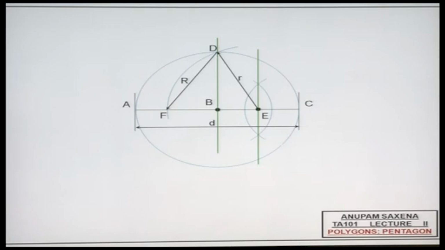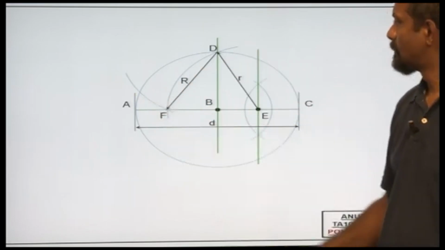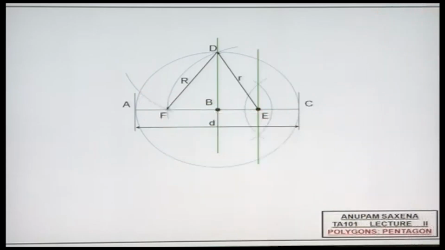With this radius capital R and with, let us say, point D as center, we will cut the main circle at this point. Okay.